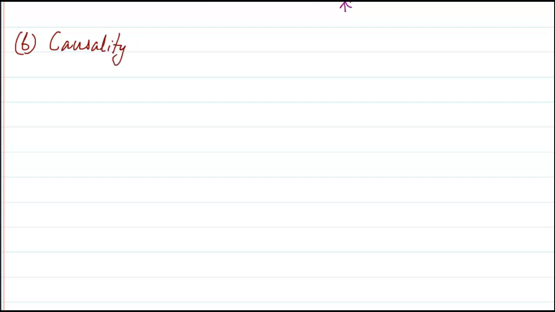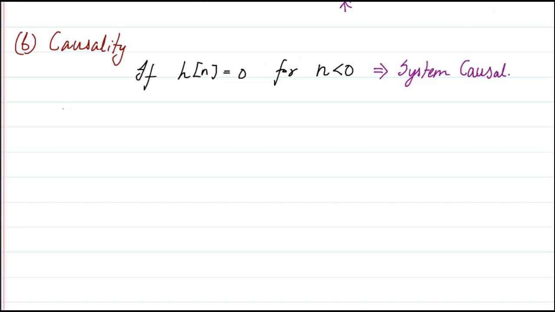As you know, we have already seen this, but I will define that if h of n is equal to 0 for n less than 0, that means for all negative values of n, if h of n is equal to 0, then the system is causal. That means it's a practical system. So the system is causal in that case.